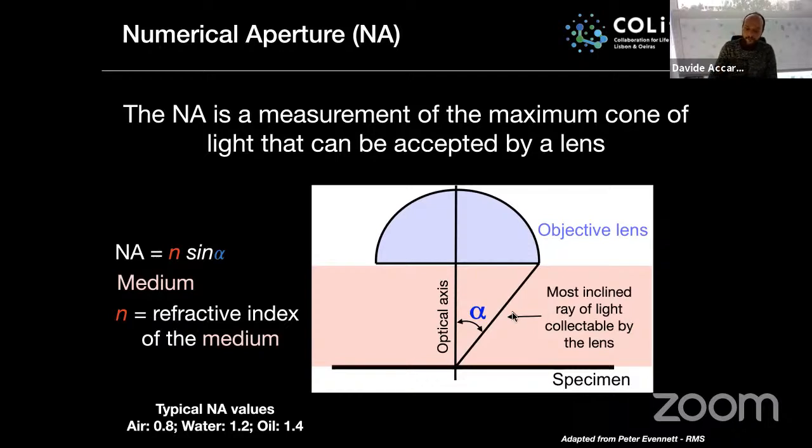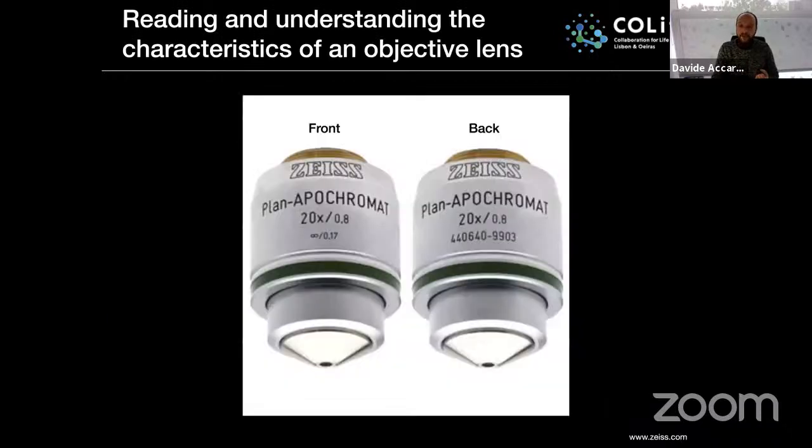All right, so now that we know how this cone of light is defined, please keep it in mind, because the numerical aperture is a concept that is extremely important, and we will use it later on to define and calculate the resolution of a lens.